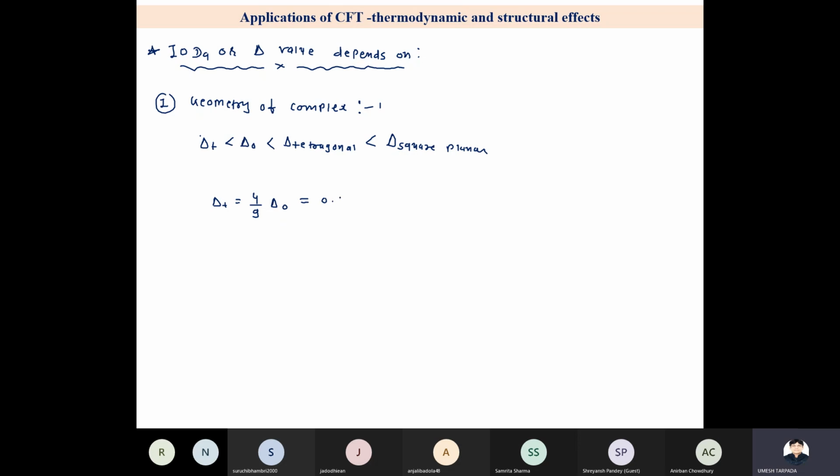that is nothing but 0.44 of the octahedral splitting. Sir, what is it for cubic? Splitting for cubic geometry? Yes, sir.